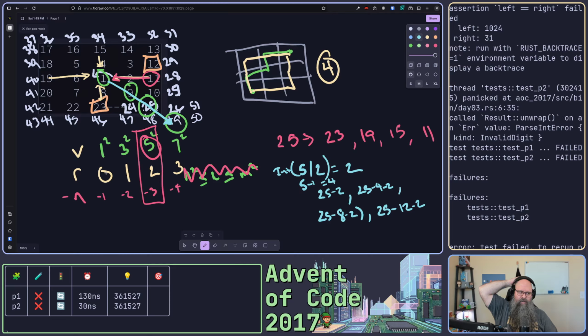And then we're going to track this value right here. So what is the radius? So we'll have 5 and 2.